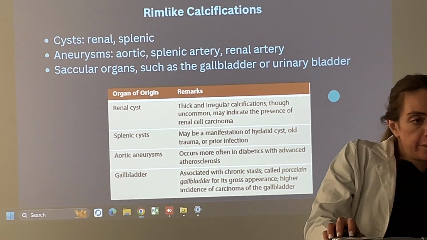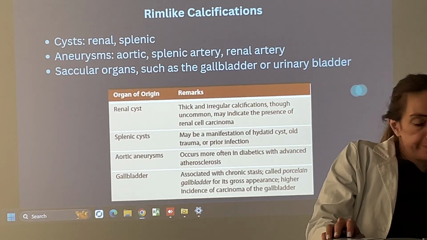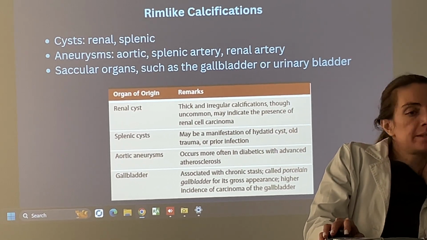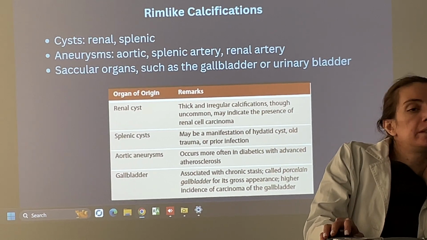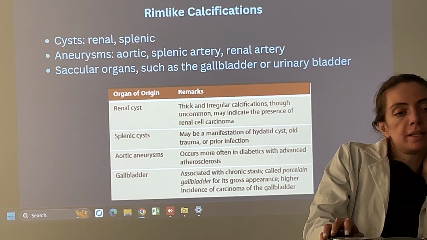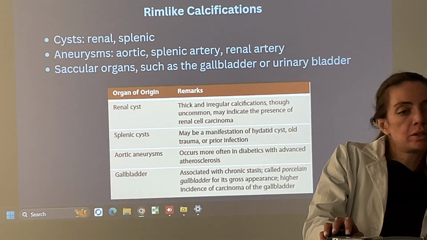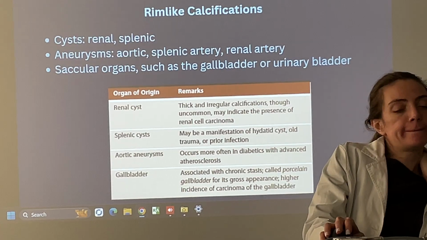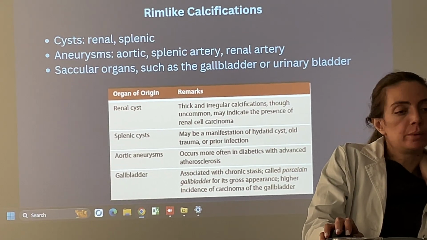So rim-like calcifications imply calcification that has occurred in the wall of a hollow viscus. A hollow viscus in this context means a structure containing fluid, fat, or air, and enclosed by an outer wall.